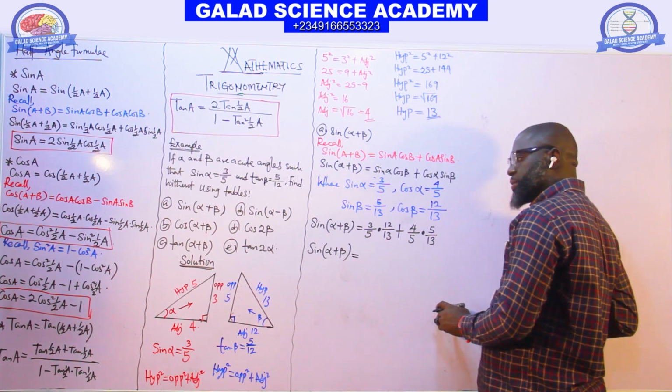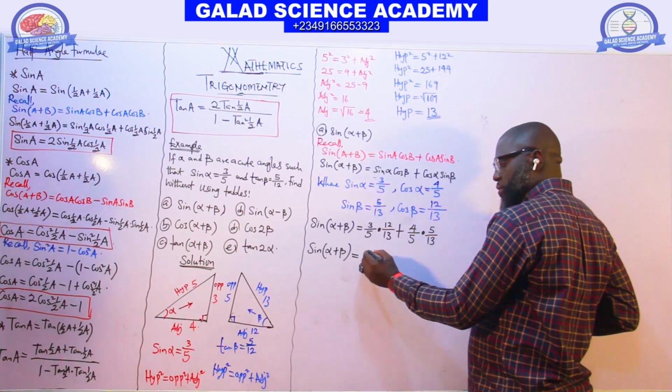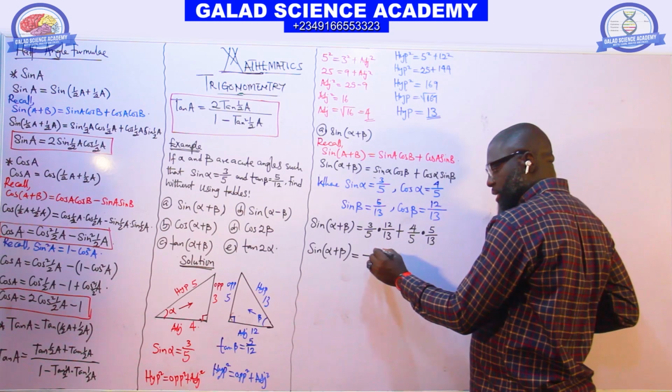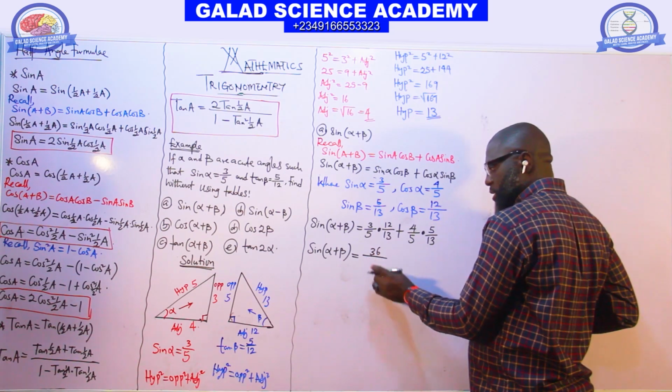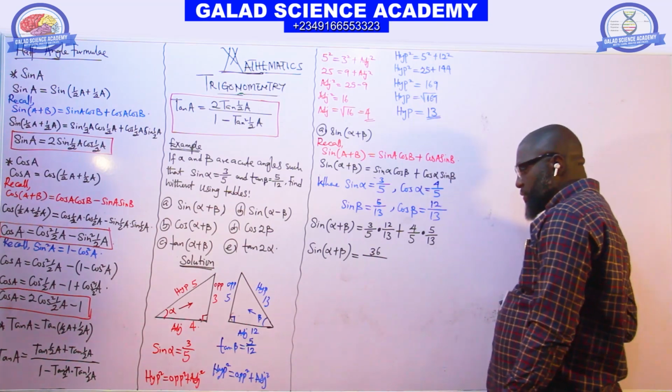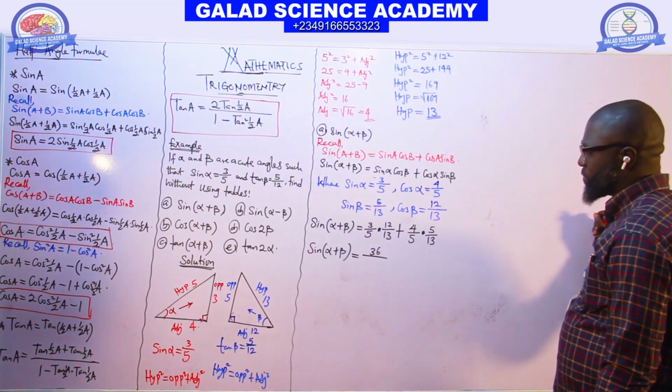It should be 3 times 12, that should be 36, over 5 times 13.